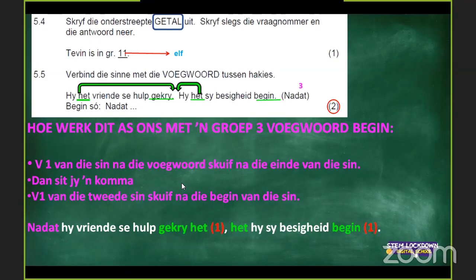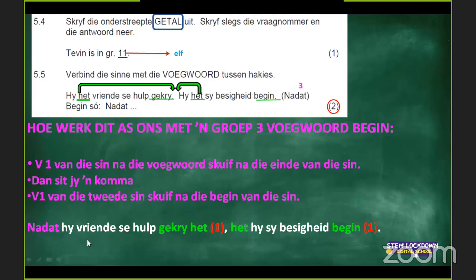Okay, I just quickly want to recap this. So if you are starting with a group 3 conjunction, you identify your verb, right? The verb 1 of the first sentence after the conjunction moves to the end, and verb 1 of the second sentence moves to the front of that sentence. Right, and your marks will be allocated as follows.